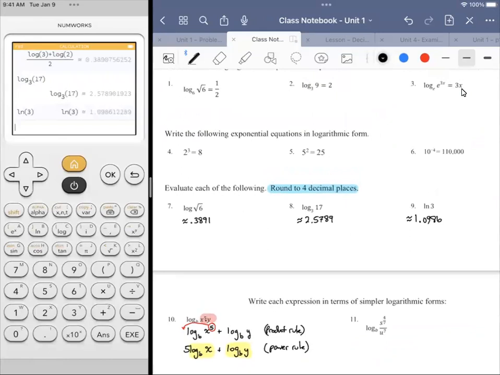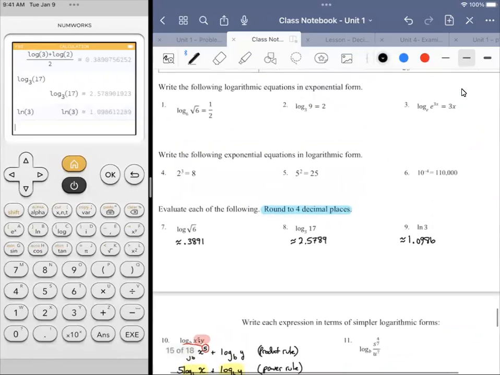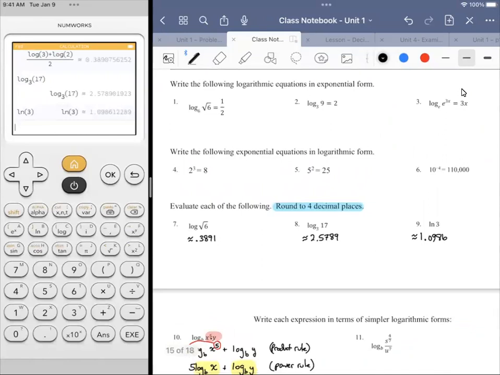When it comes to converting from log to exponential form, you see the questions 1, 2, and 3. You could apply the same exact approach to each one of these questions or equations. Take whatever the base is, swing it around, raise it to the power. So base power, and then that'll be the result.